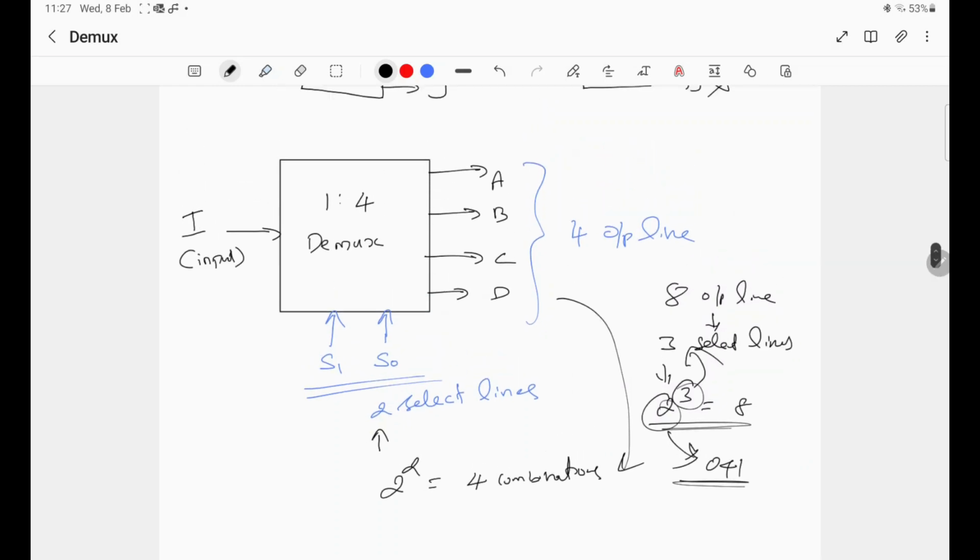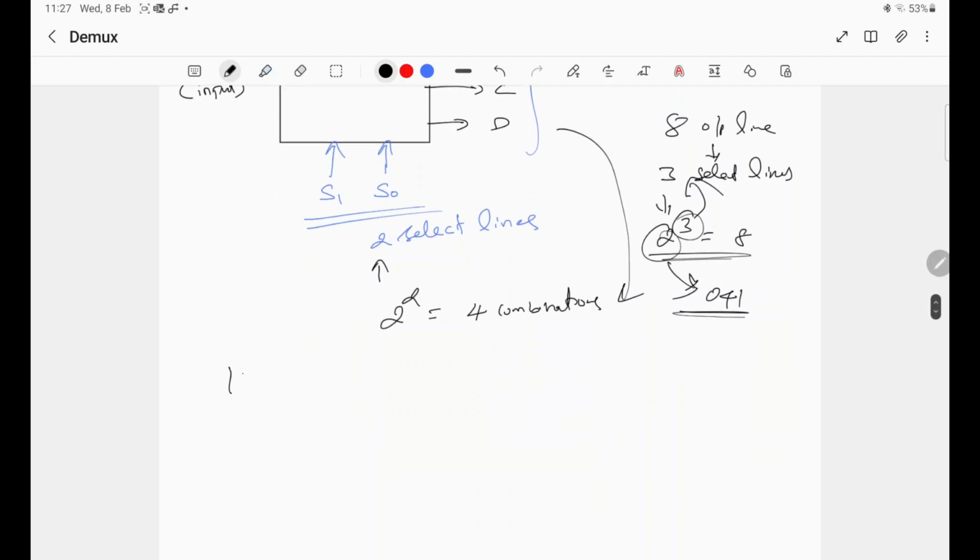In the case we have just drawn, we have 4 output lines, so we need only 2 select lines. If there are only 2 output lines, we need only 1 select line, because 2 raised to 1 is equal to 2 output lines. If we have 16 output lines, 2 raised to 4 is 16, so we need 4 select lines.